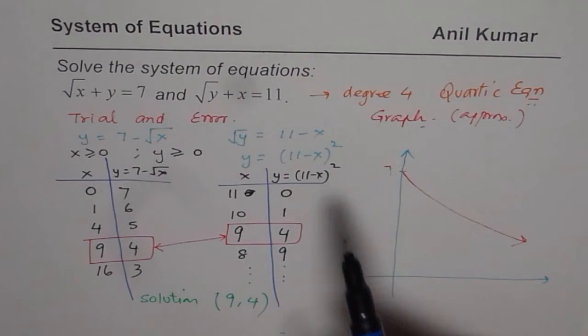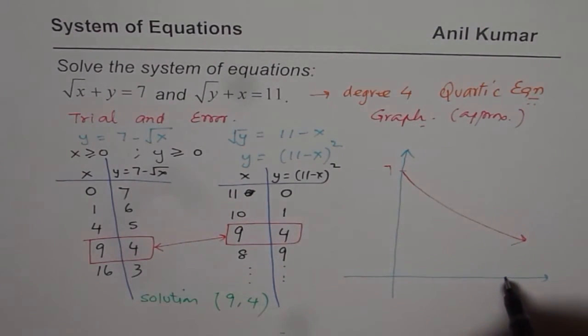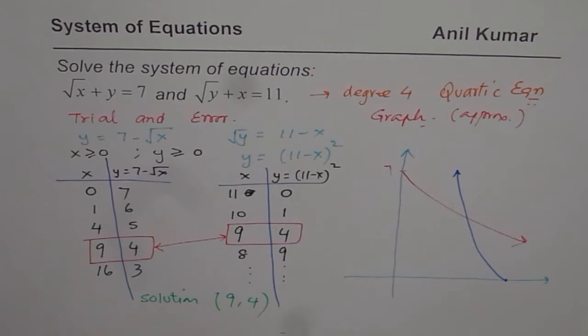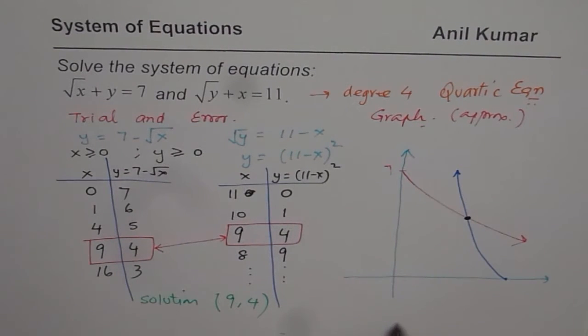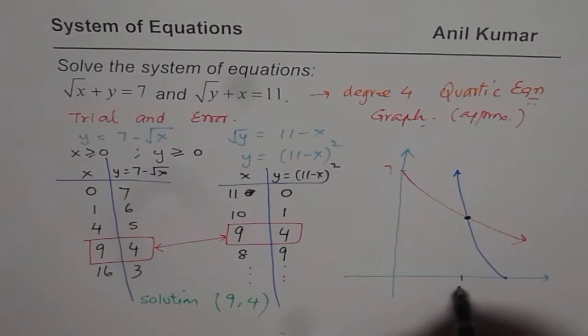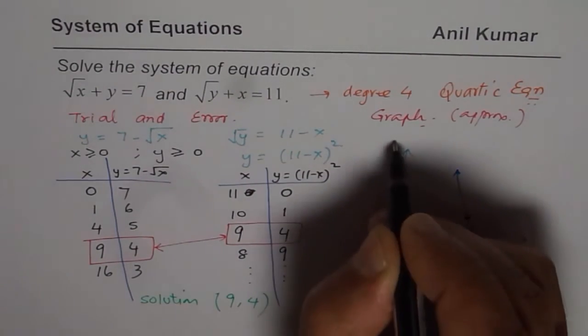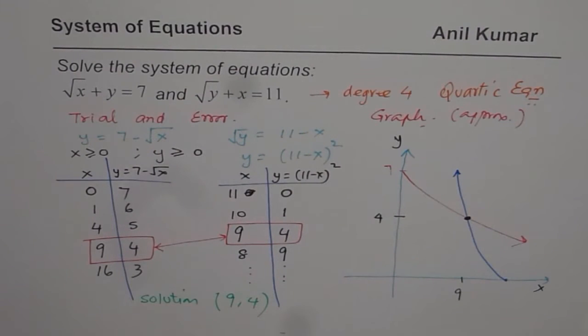If x is 11, y is 0, so somewhere here, and it will be going kind of like this. So that is how the graph is going to be. And as we found, we do get a solution at x equals 9, y equals 4, right? So that becomes the solution for the system of equations.